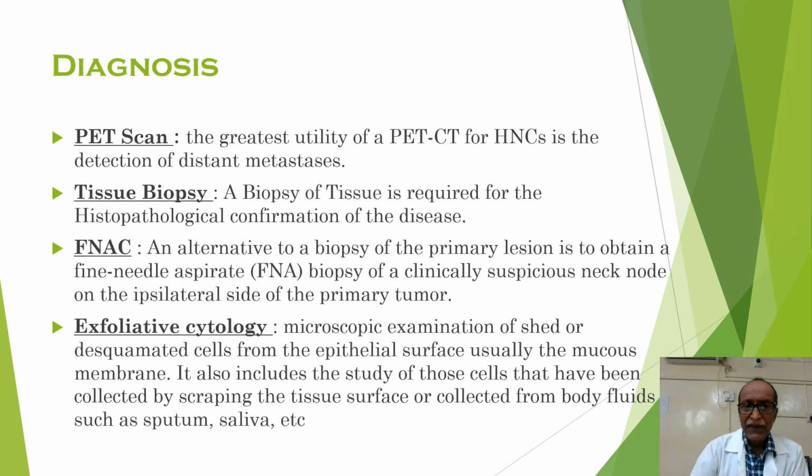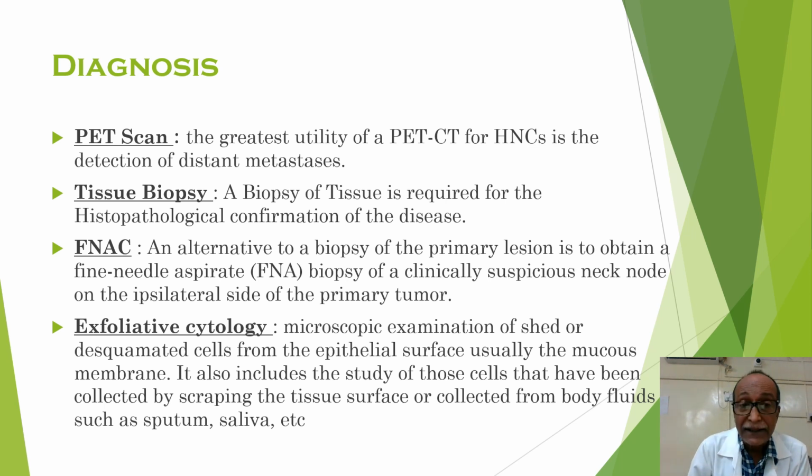One word about FNAC. FNAC is an OPD procedure by means of which you aspirate, using a 22 gauge needle on a normal hypodermic syringe, cells from the node or the primary tumor, spread it out on a slide and see under the microscope.